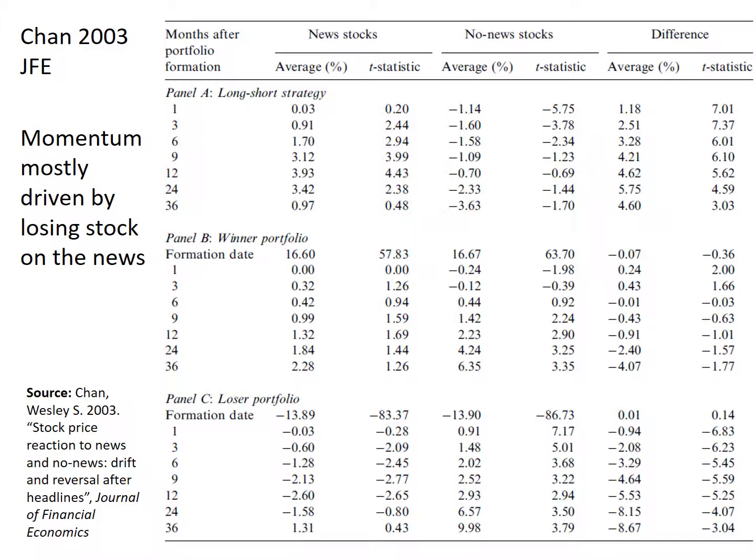You can look into a database of news articles, calculate the number of articles mentioning a stock in a particular period of time. You can categorize the news into good news versus bad news. And then you can check whether stocks with good news go up and stocks with bad news go down.